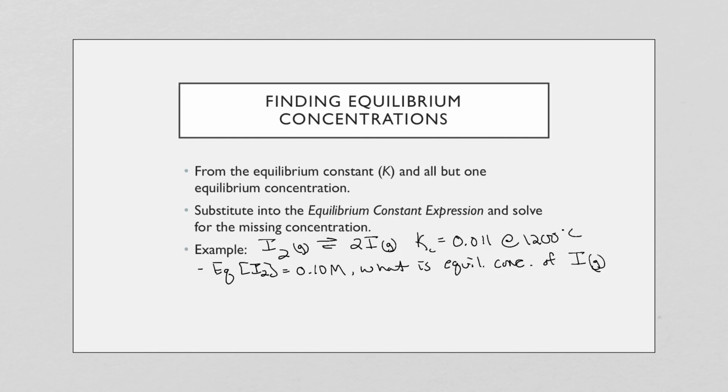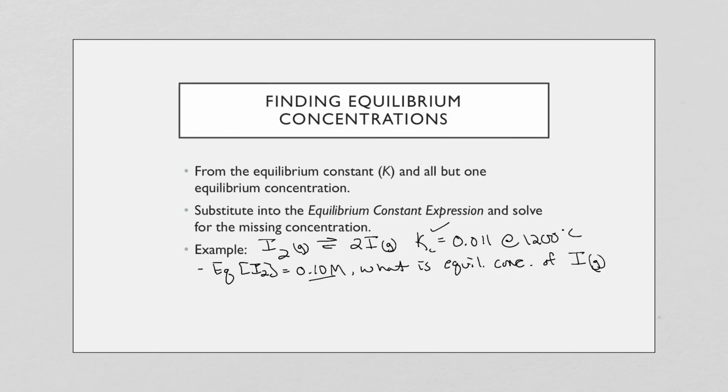So one type of simple problem, and this is by far the simplest type, is if we don't know anything about the initial situation, but we know the equilibrium constant and we know all but one of the equilibrium concentrations. Now, if we're in that scenario, of course, we don't need to know anything about the initial situation because we can simply plug and solve.